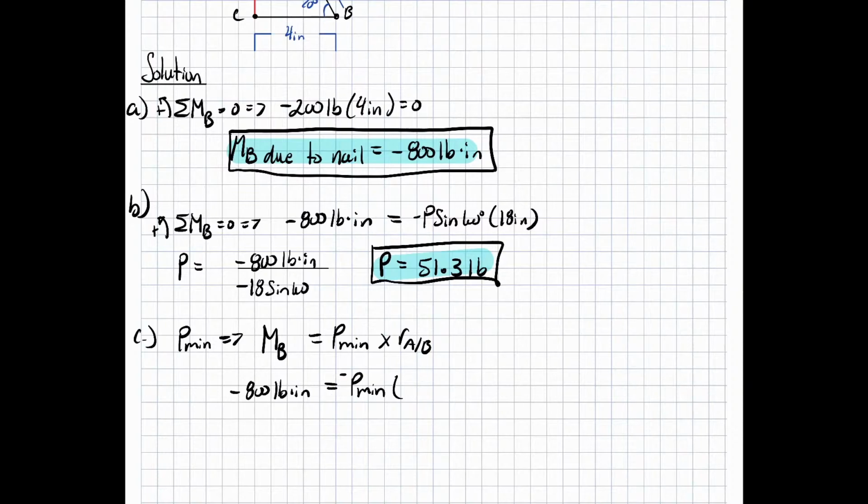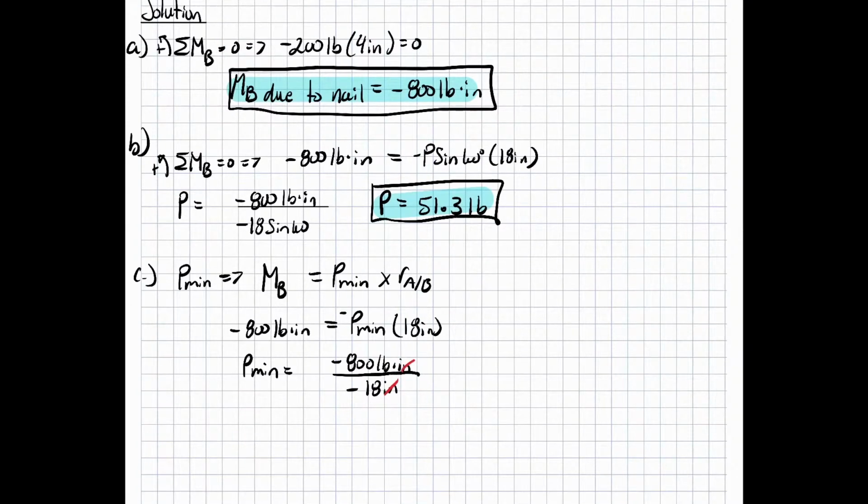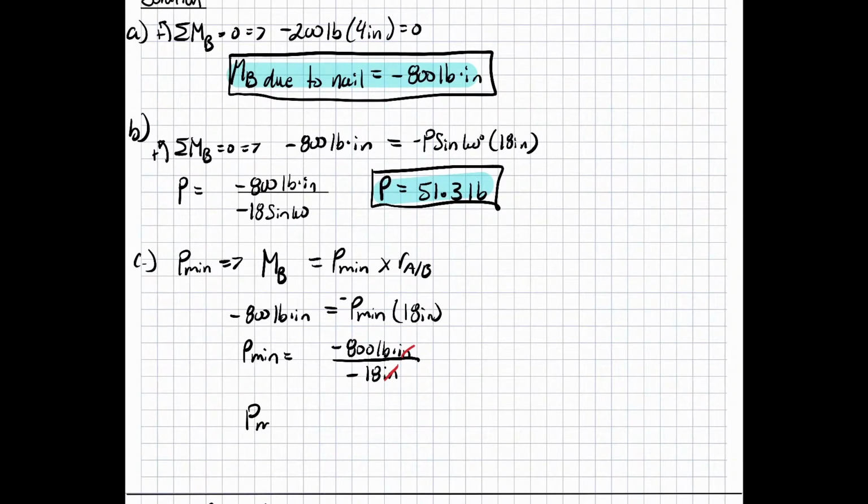P min is also negative, I'm sorry. So it's negative P min times the 18 inches. P min is equal to negative 800 pound-inches all over negative 18 inches. This means that the inches will reduce out. We just get pounds. We get P min to be 44.44 pounds.